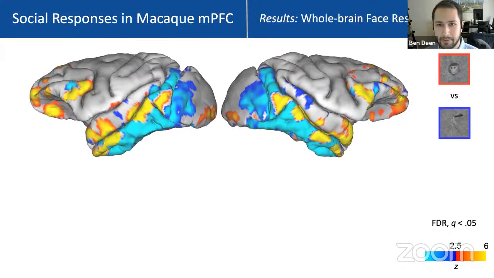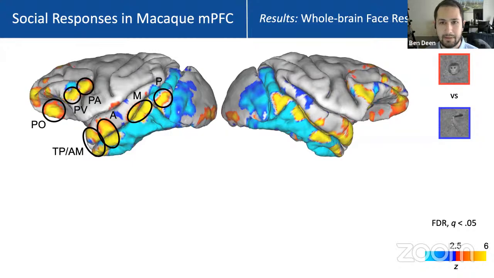All right, so when we compare responses to faces and objects in macaques, this is showing an example from one monkey. We see the expected set of regions along the temporal lobe following a hierarchical progression from posterior to anterior parts of the temporal cortex. We also see the well-known regions of lateral frontal cortex that respond to faces in the macaque, PO, PV, and PA.